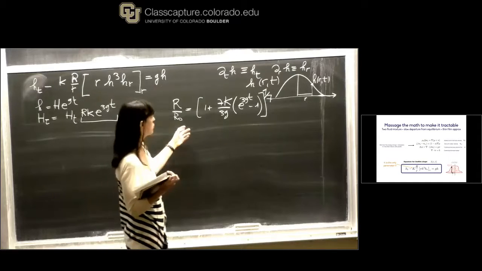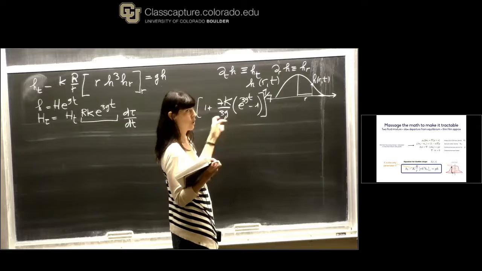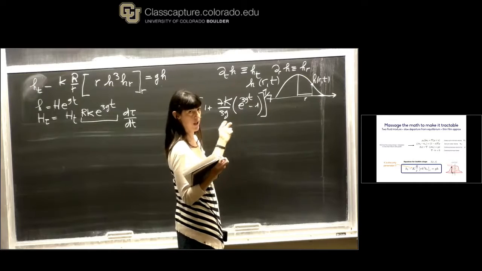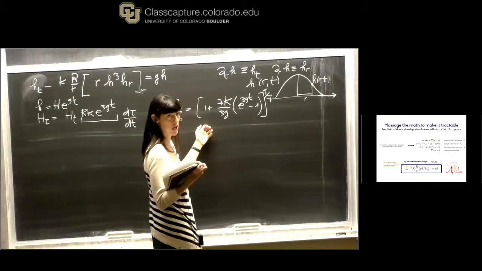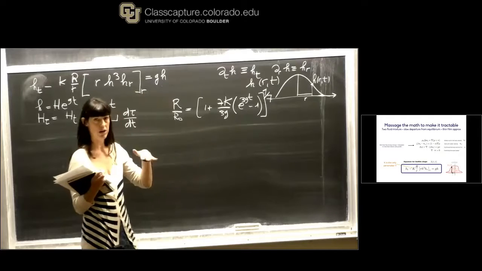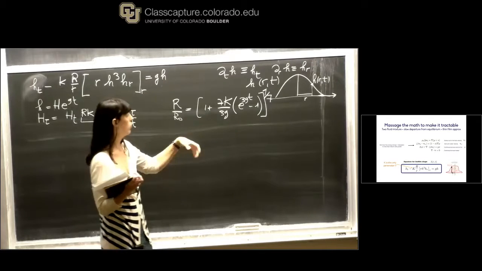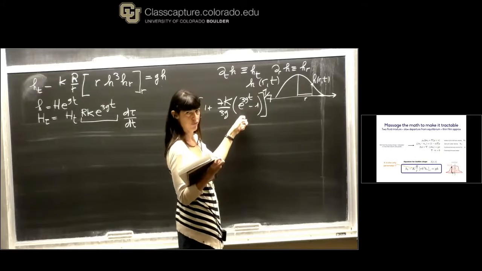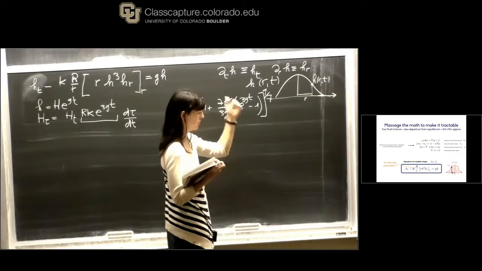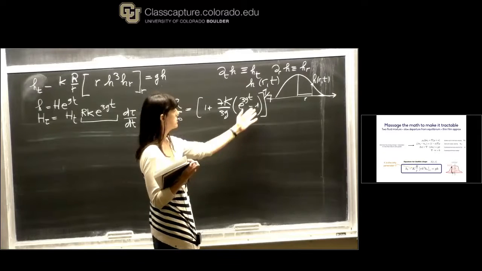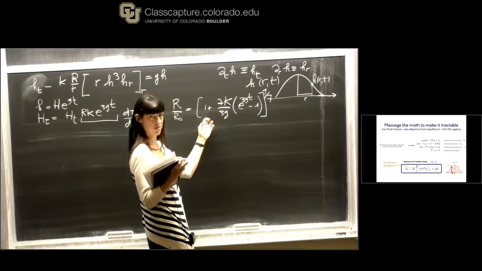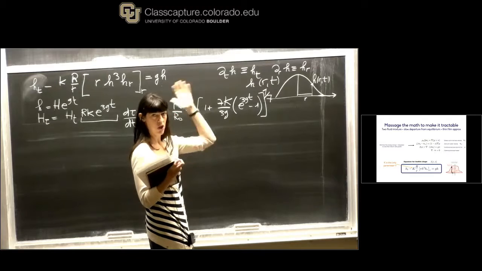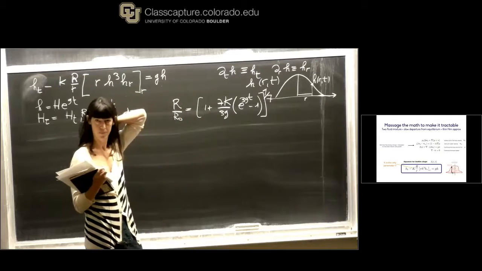This would have two regimes. Initially, it would remember its original radius, and then expansion would kick in the moment growth was large enough. At a certain point, this would be much larger than the initial condition, and then you would start expanding.